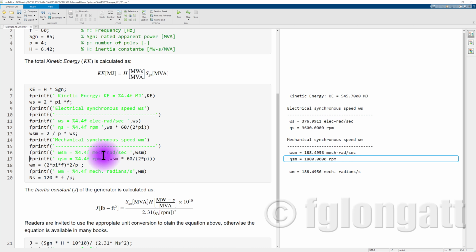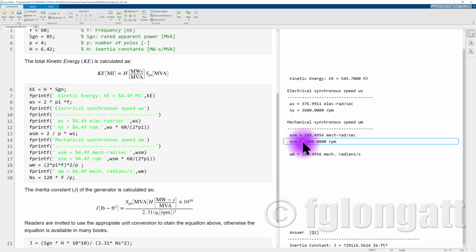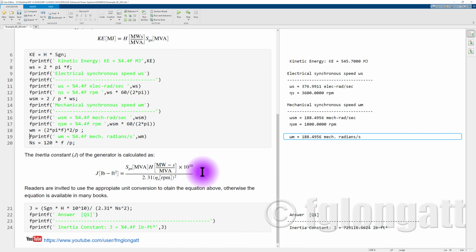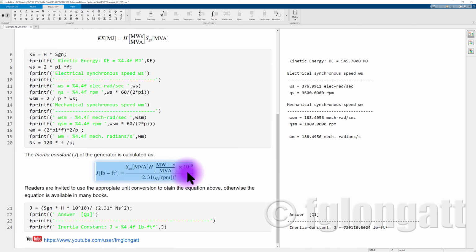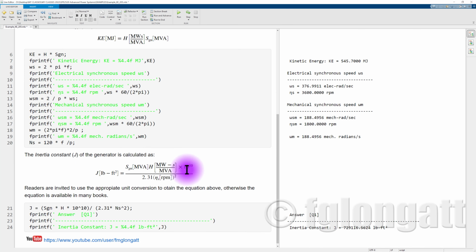I will not go through this detail, but you can see over here that the electrical synchronous speed is 3,600 RPM. And on the other hand, the mechanical synchronous speed is 1800 RPM. All of this is 188.4 radians per second.